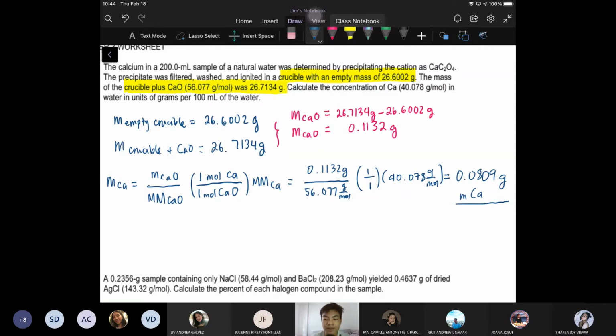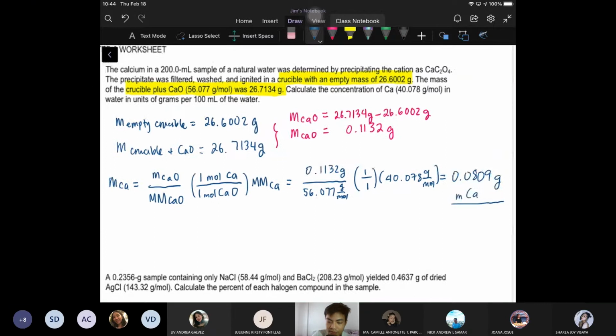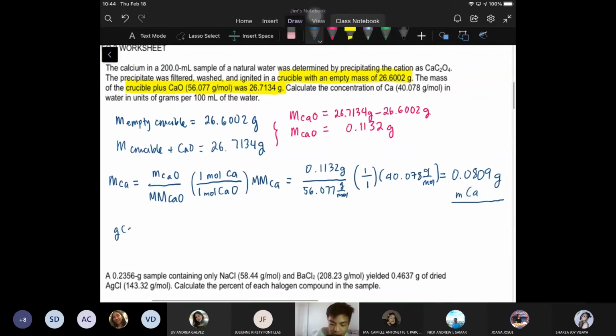So first, let's find the grams of calcium per 100 mL water. How are we going to do that? To solve for that, first find the grams of calcium per mL. So let's find the grams calcium per mL H2O.